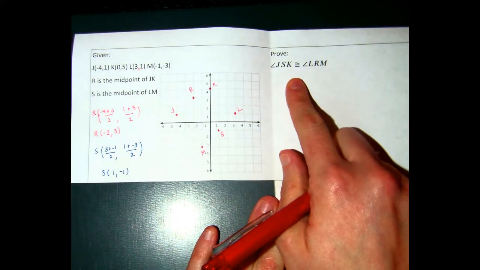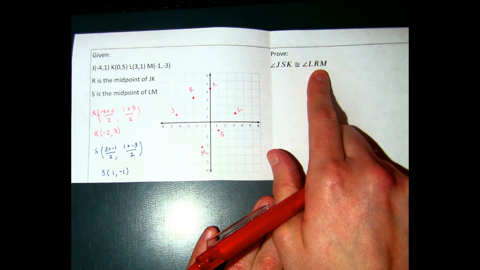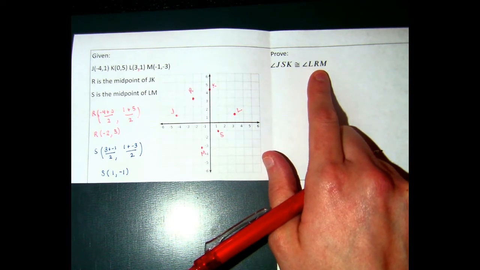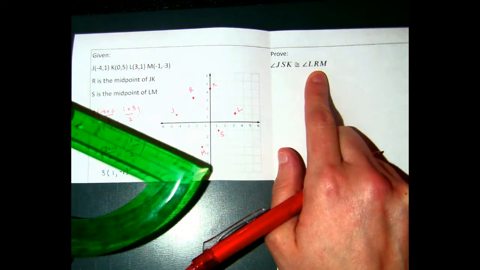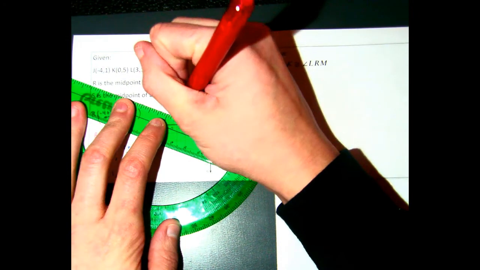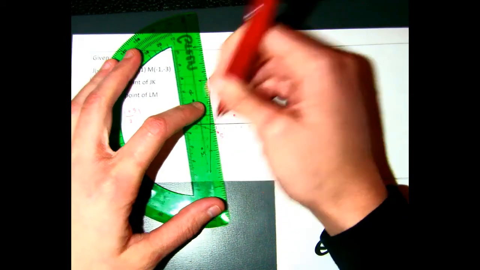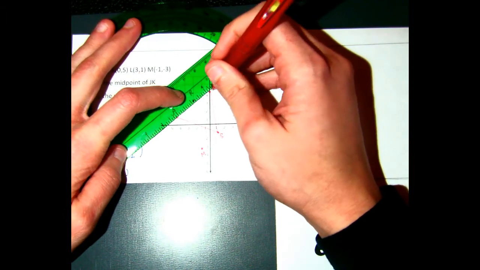I specifically need to prove that I have two congruent angles. So to prove that, first of all, I need to draw this so that I have these angles. So I'm going to draw J, S, and K. J to S, S to K, and I'm just going to go ahead and make it a full triangle here.